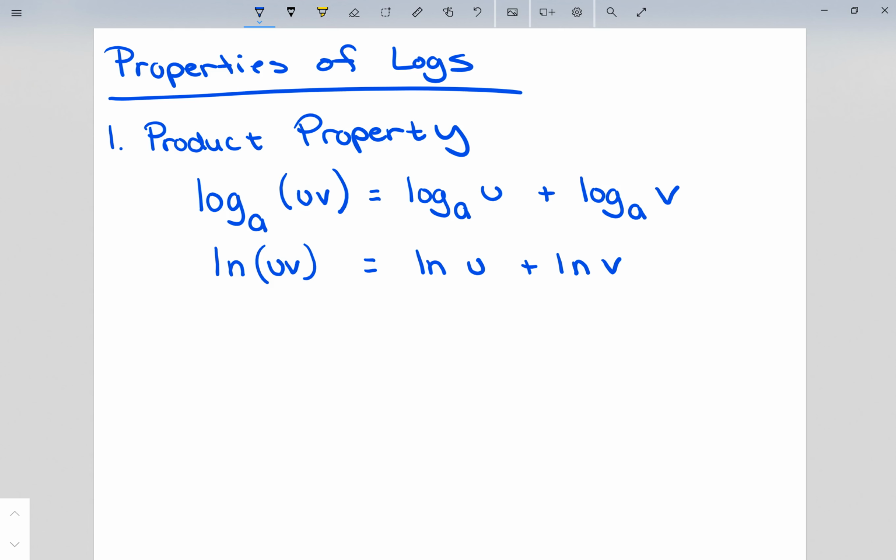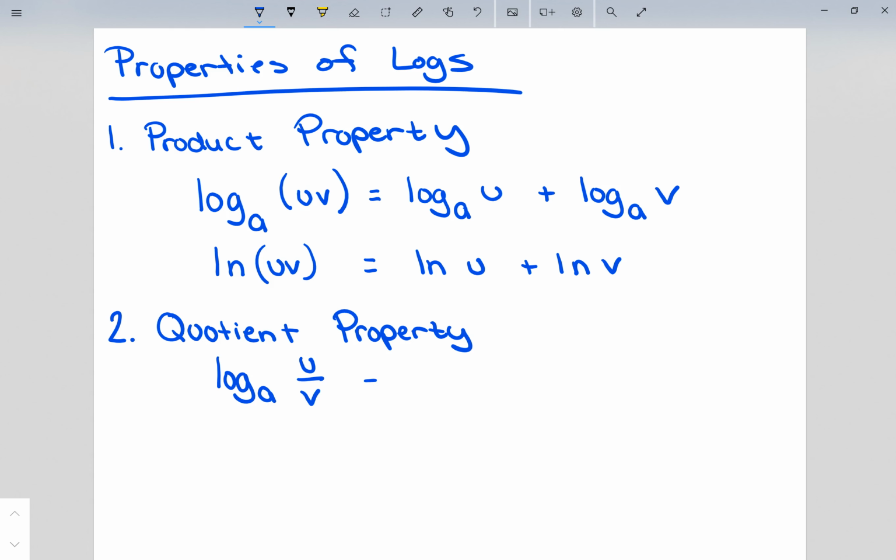The second one is going to be quotient. Quotient means it's going to look something like log base A of U divided by V, and we can expand this by using subtraction.